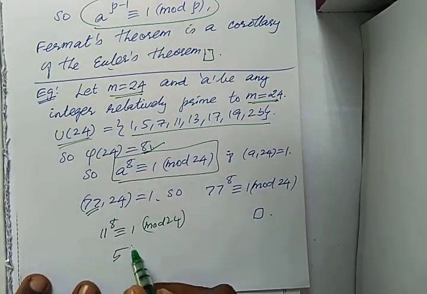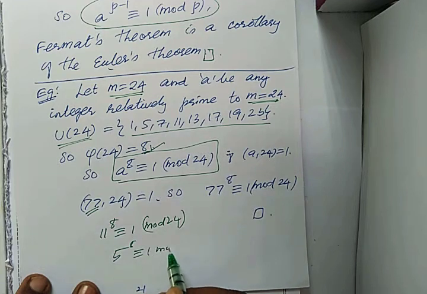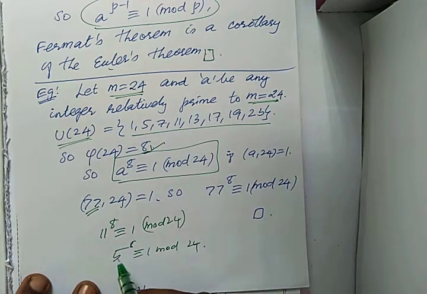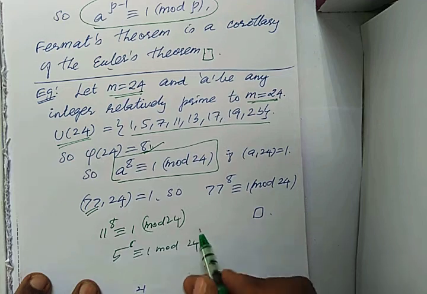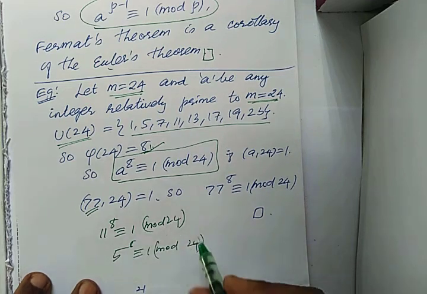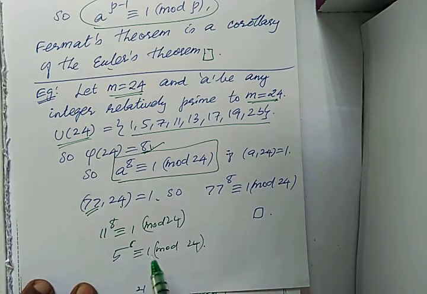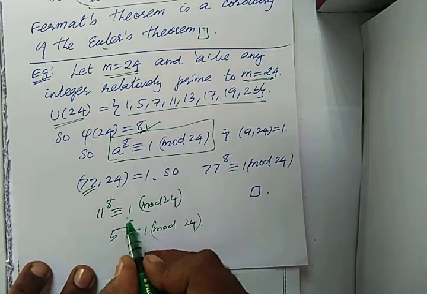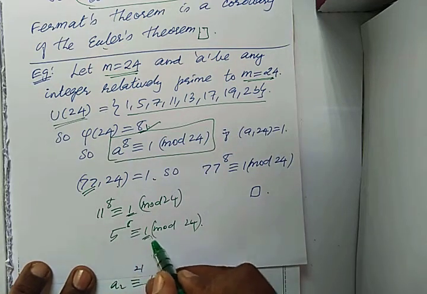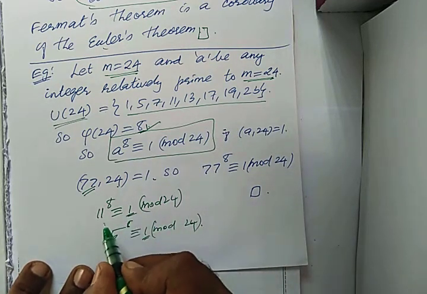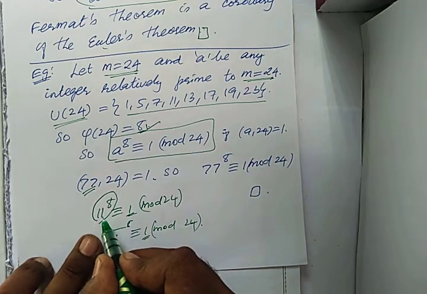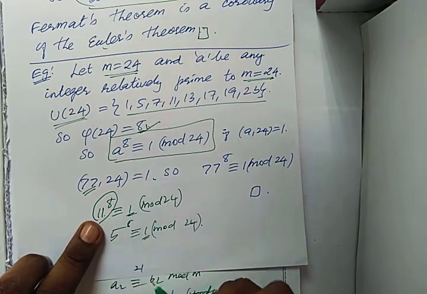Directly we could write many such results. If you take 5 to the power 8, it is congruent to 1 mod 24, because 5 is relatively prime to 24. So very directly we can write these congruence relations. Actually, we mostly need these to find the remainder when we divide this number by 24.